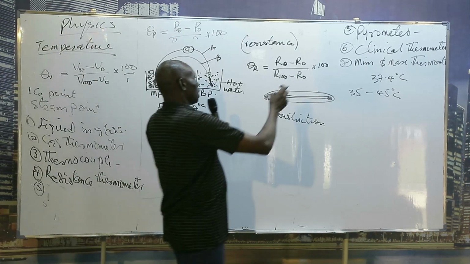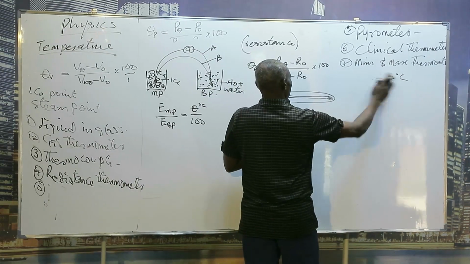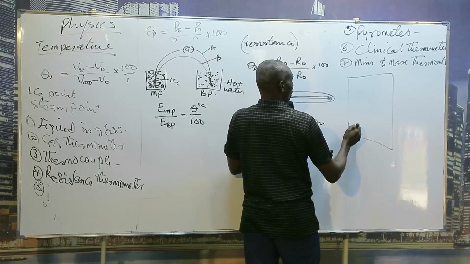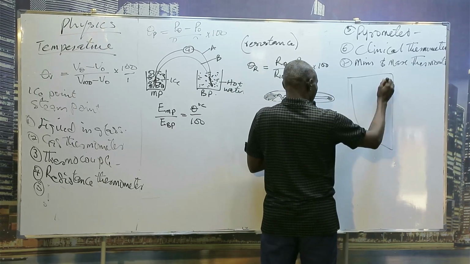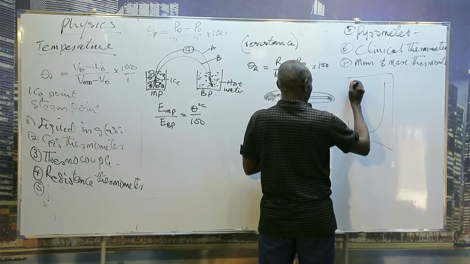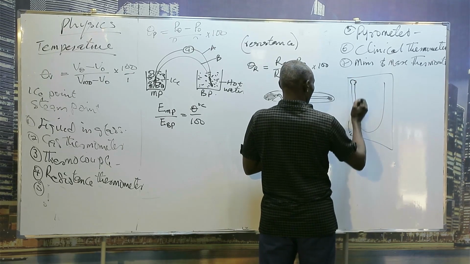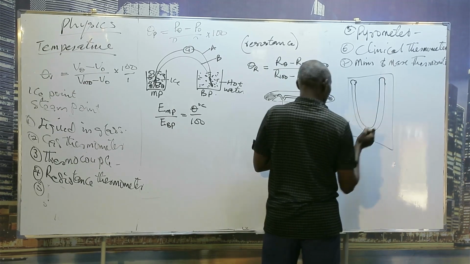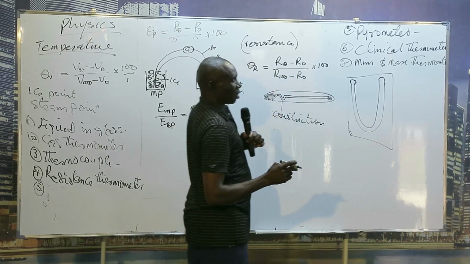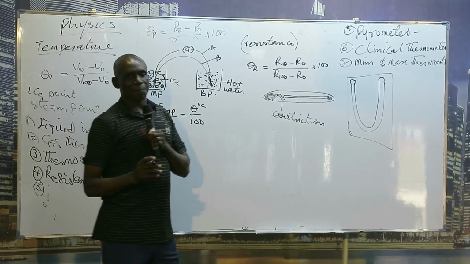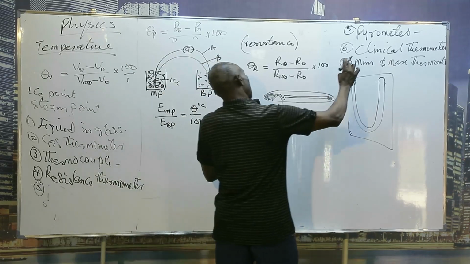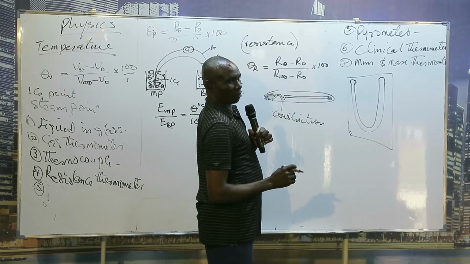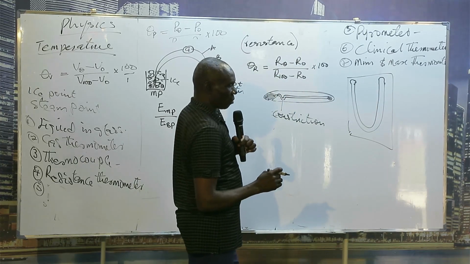Why is it so? Because this particular thermometer is mounted on a material like wood. Please, I want us to look up here. This type of thermometer is in this form.